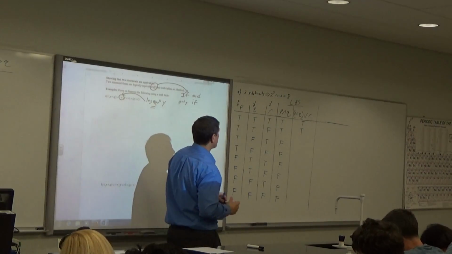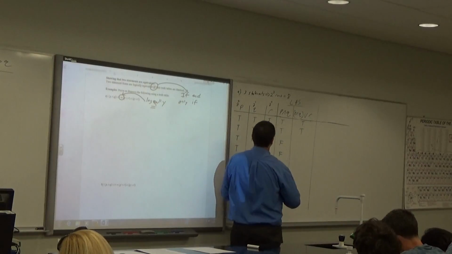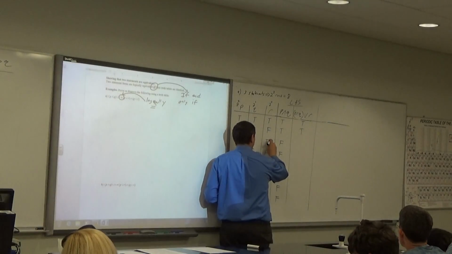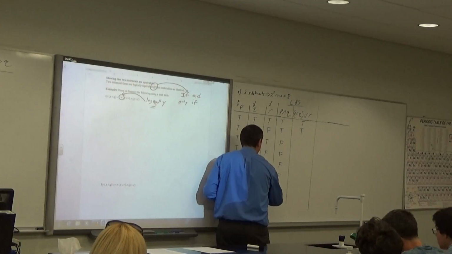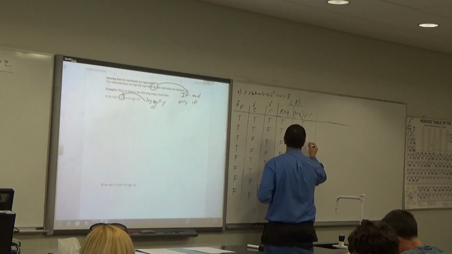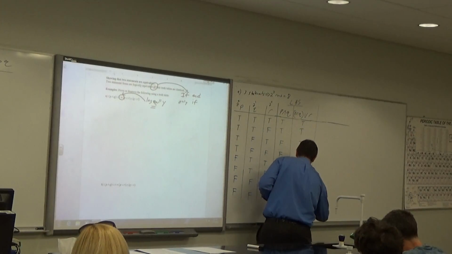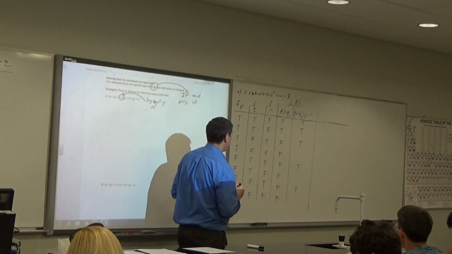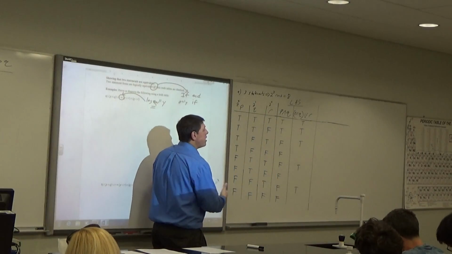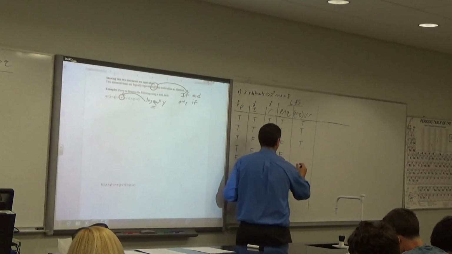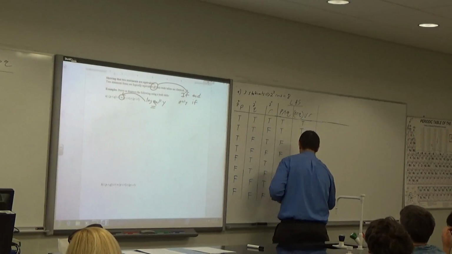So now I'm going to look at R, and R is true in row 3, in row 5, and in row 7. So true, true, true. And then I just put falses in the other 3 spaces. Okay, so false, false, false.